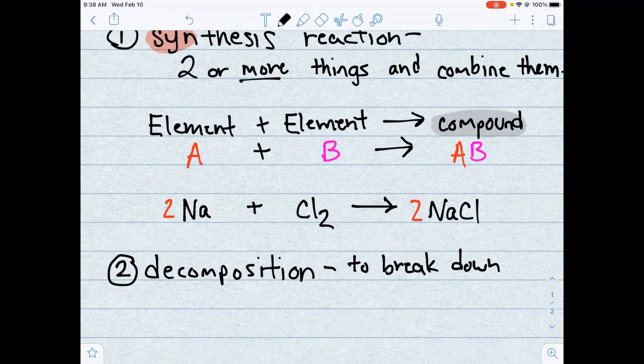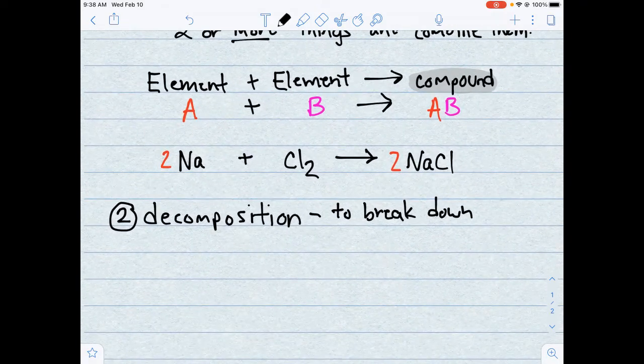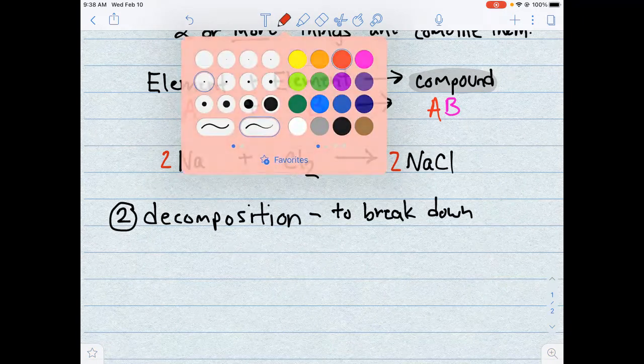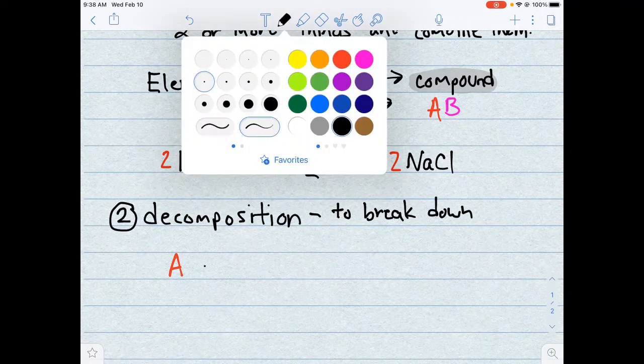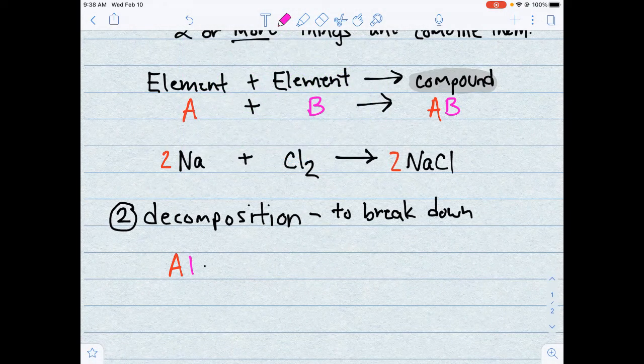And that is what we are going to be doing in a decomposition reaction. Once again, it is the exact opposite of the synthesis reaction in that you will always start off with only one reagent or reactant. You will only have one thing that you're starting off with. So going back to my example previously where we have A plus B to give you AB, we're going to start off with that compound.